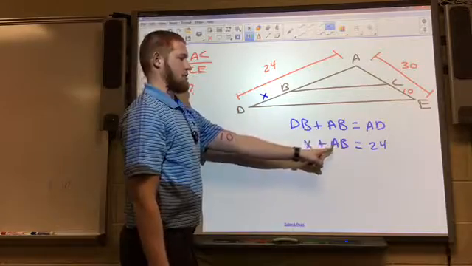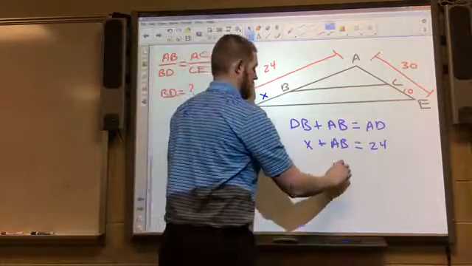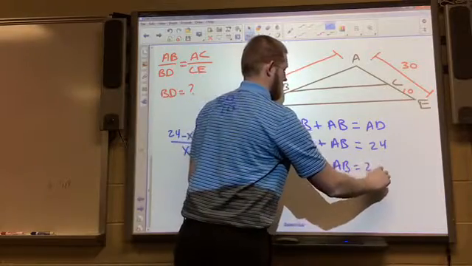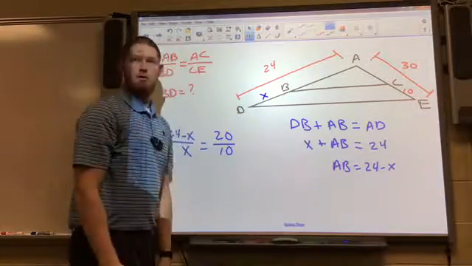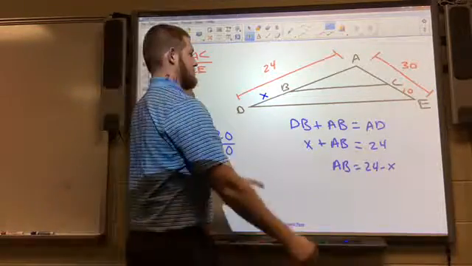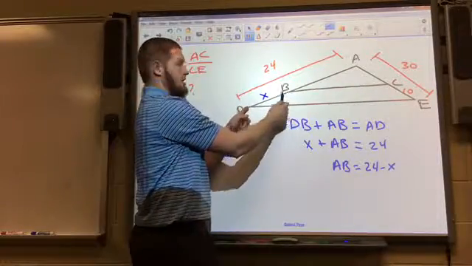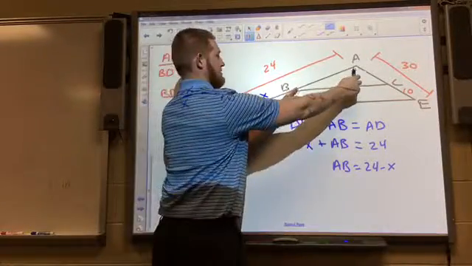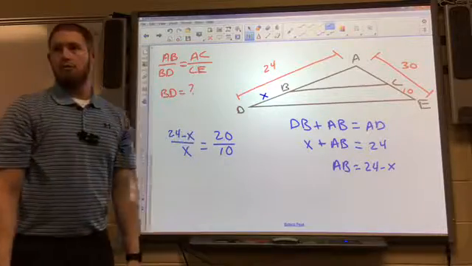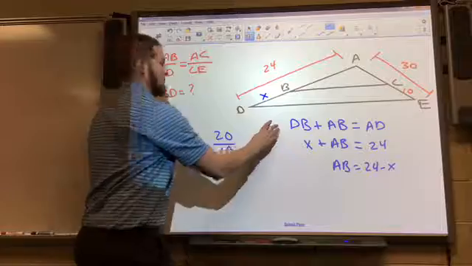So how do I solve for AB? I subtract X, right? So now I know that AB equals 24 minus X. If that's how you want to set it up, that's fine. You just need to know, if you have this whole thing, and you also have this, if I take the whole thing minus that, that's what I have to end up with. That's all I did. Okay?